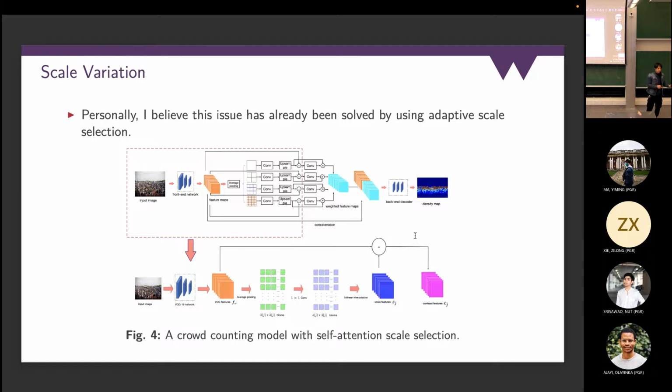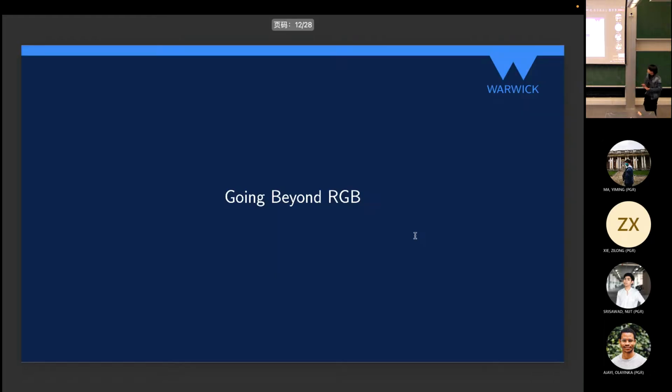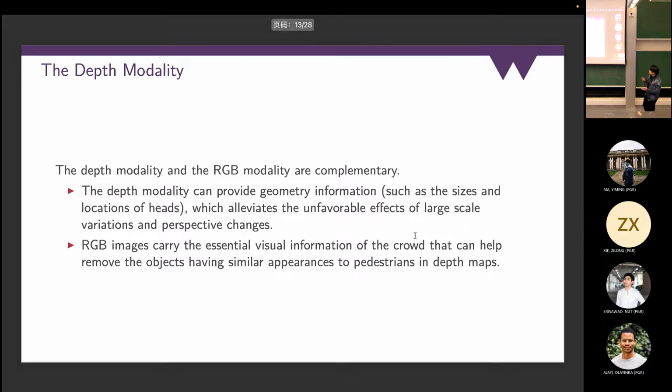Different receptive field sizes based on the people's sizes in the image. So it's not very interesting. So researchers in this area are going to focus more on other things like multimodalities. Some are trying to also include the depth modality.